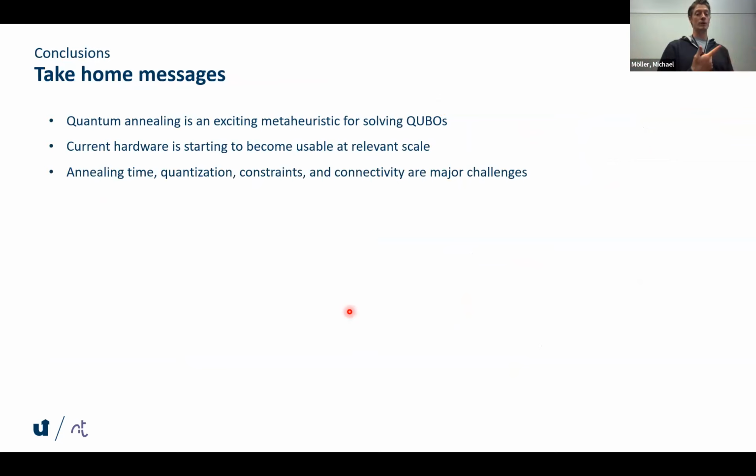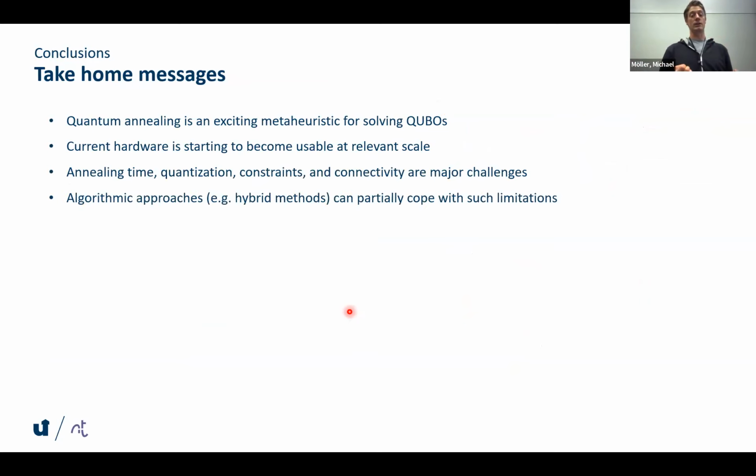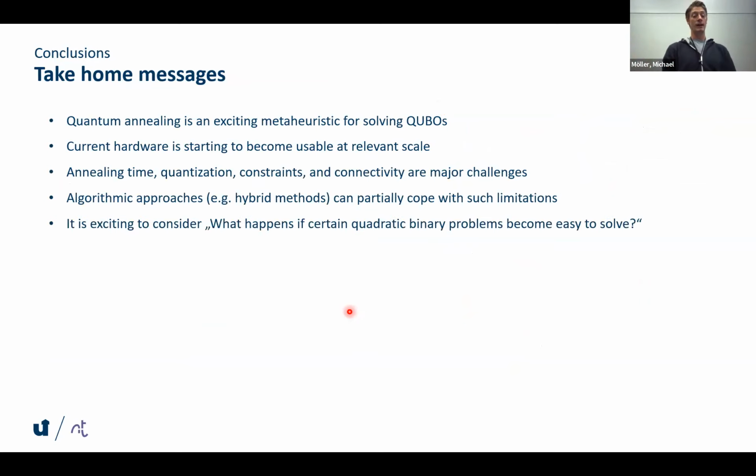Annealing time, quantization, constraints, and connectivity are still major challenges that certainly motivate additional algorithms such as hybrid methods that can cope with such limitations. And for me, it's just very exciting to consider what happens if we can solve quadratic binary optimization problems fast and to high quality now. So this is kind of the application-driven motivation.